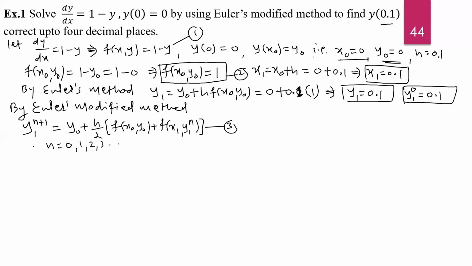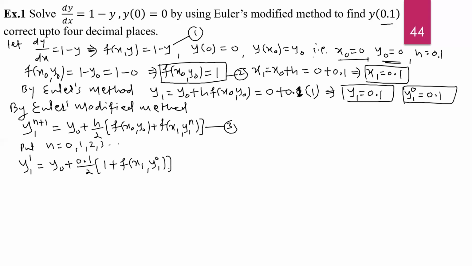Now put n equal to 0 here. Y suffix 1 raised to 1 is equal to y naught plus 0.1 divided by 2, the value of h divided by 2, times the value of f of x naught, y naught, which we have already calculated, plus the function f of x1 comma y1 raised to 0.